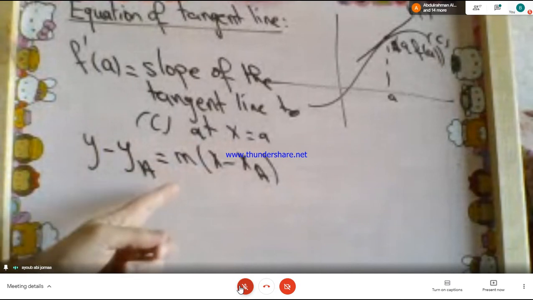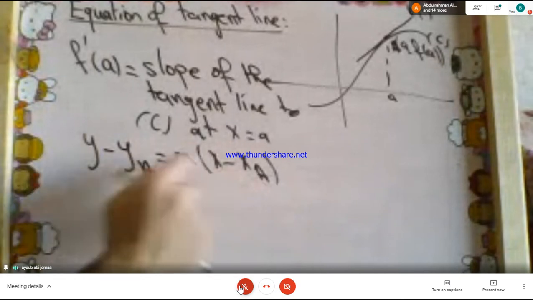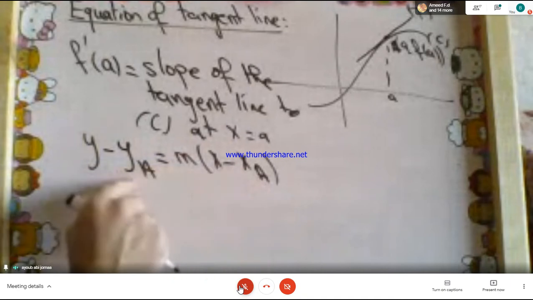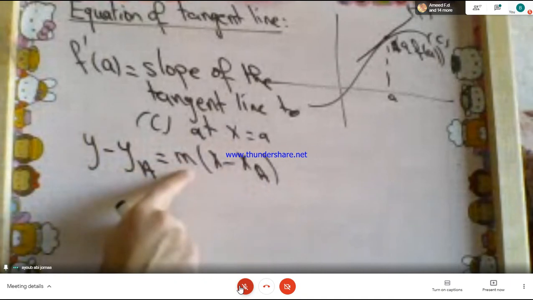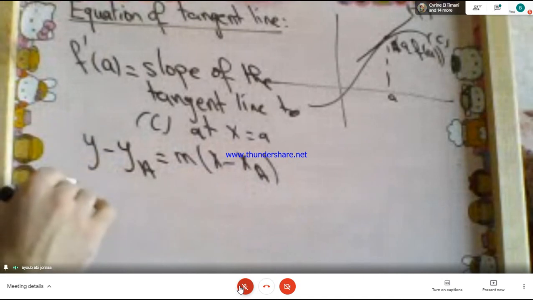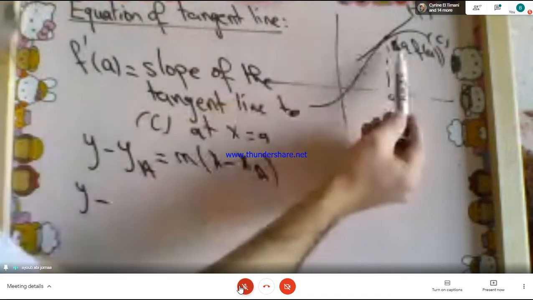Point slope form. You have point on the line A with coordinates xa, ya, and you have the slope m. Okay?